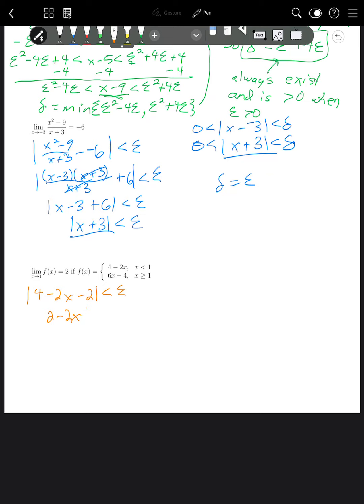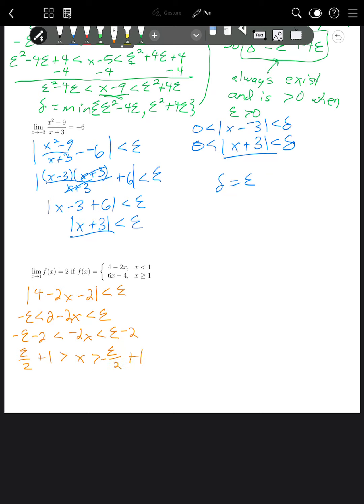Okay, so this would be negative epsilon is less than 2 minus 2x, which is less than epsilon. Then we can subtract 2 from both sides. So this is negative epsilon minus 2 is less than negative 2x, which is less than epsilon minus 2, and then divide by negative 2. So this would be epsilon over 2 plus 1 is greater than x, which is greater than negative epsilon over 2 plus 1.